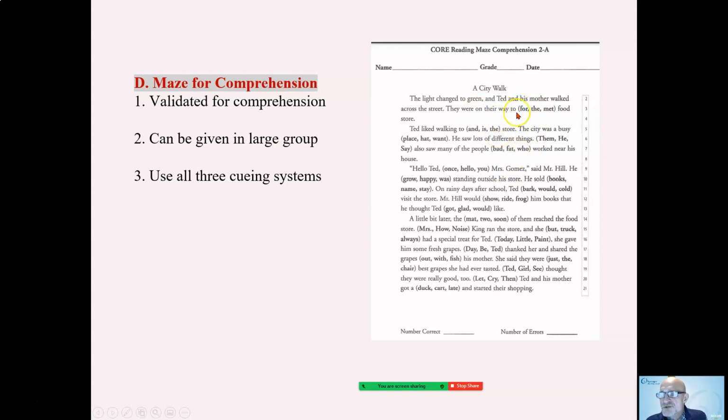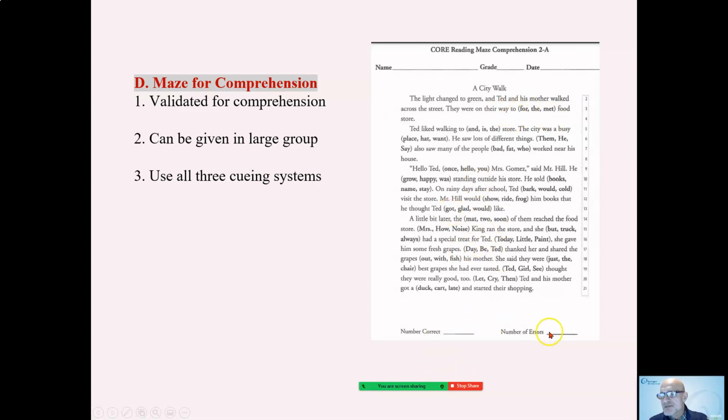And the student reads through and has to select the correct word. What I like about this is it enables students to use all 3 cueing systems: syntax, semantics, and phonics, to identify the correct words as they're reading.